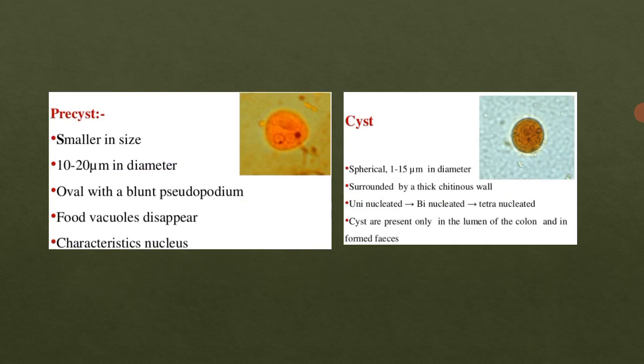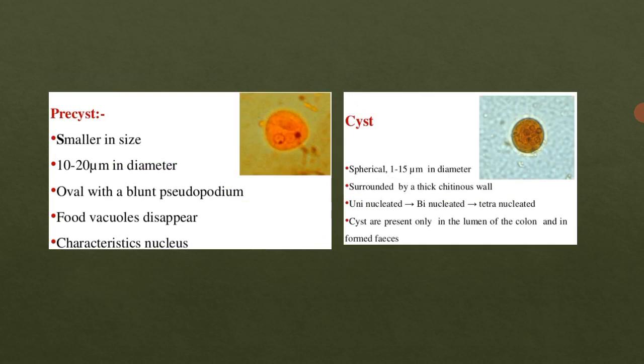Now the third morphological form is the cyst. It is spherical. You can see the difference between the three morphological forms; they are very distinct and very different from each other. The cyst is 10 to 15 μm in diameter, smaller than the precyst.